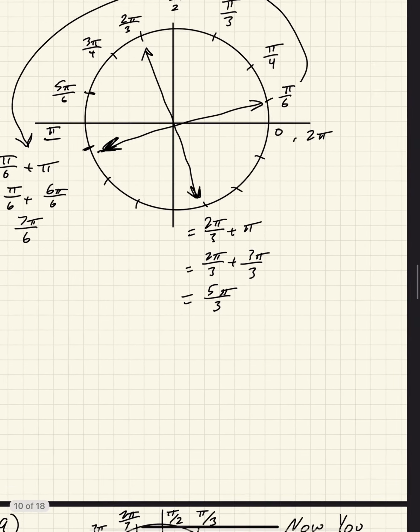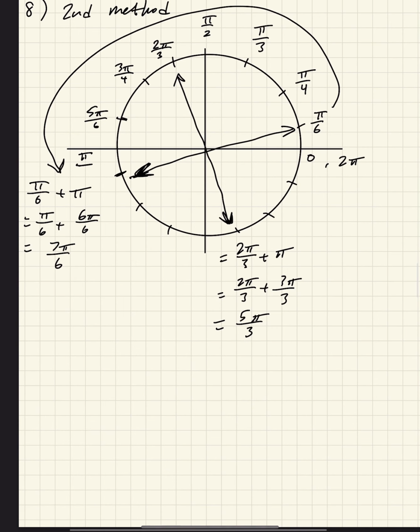A way to shortcut having to get a common denominator here is, when we have 2 pi over 3, instead of getting a common denominator, to just add the denominator to the numerator and then keep the denominator.